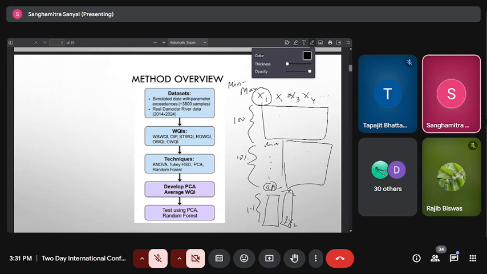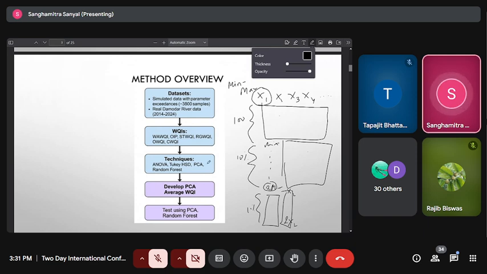So what this gave me is a data set with more than 3,800 samples. For each of these, I calculated the water quality index: WAWQI, OIP, STWQI, RGWQI, OWQI, and CWQI.